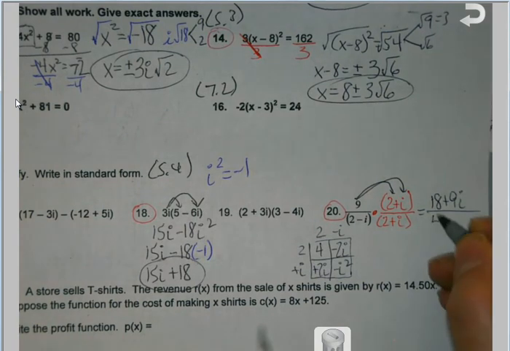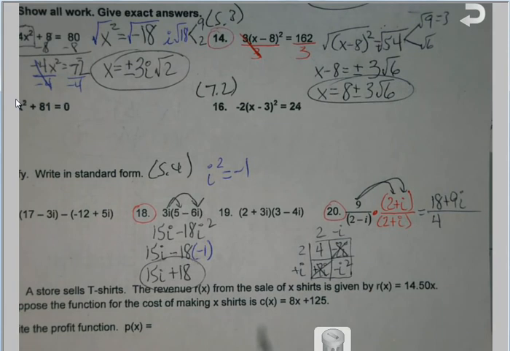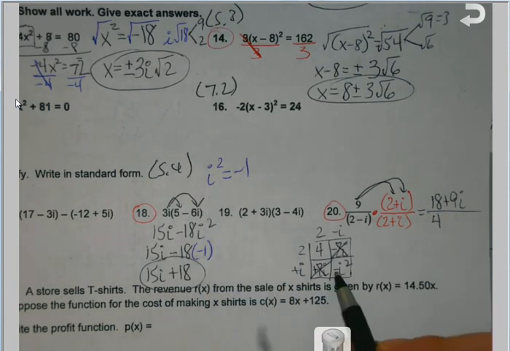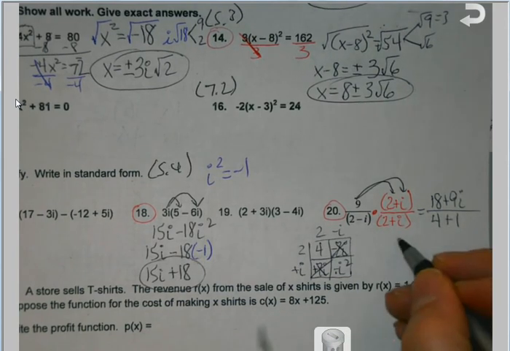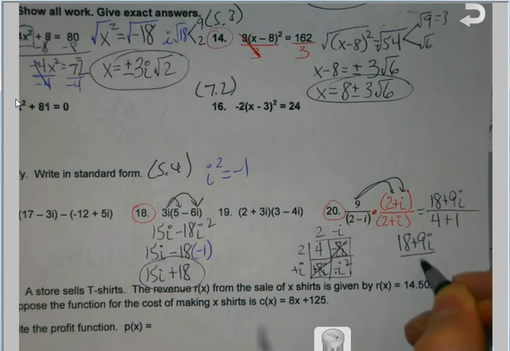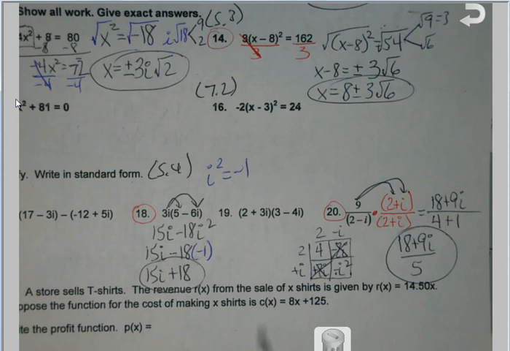I'm like, okay, 4, negative and positive 2i cancel, that's good. And then we just said i squared is negative 1. So it's the opposite of negative 1, which is positive 1. Four plus 1 is 5. And I'm rationalized. Okay, as long as there's not an i in the denominator, I'm okay.